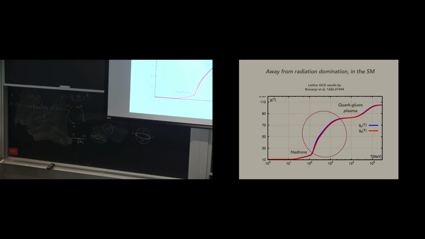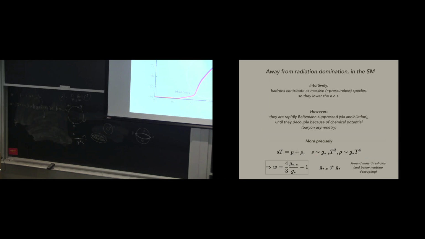These are results taken from lattice QCD, where the calculation can infer the values of the entropy and energy density degrees of freedom, g_rho and g_S. You see they differ very slightly in this region, but actually this very slight difference is precisely what leads to an important deviation from radiation domination. Here you go from 80 degrees of freedom to, roughly speaking, 17, and then you go even below, of course, once the pions also become non-relativistic.